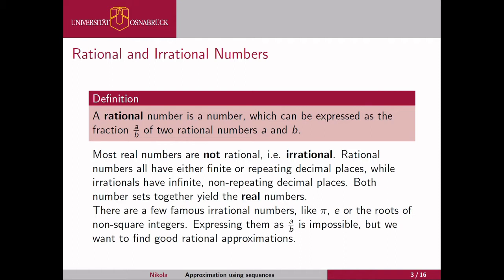Whereas for a rational number, you either get finite decimal places, so, for example, a quarter would be 0.25, or you get repeating decimal places. So, for example, 2/3 is 0.6666, and this repeats on forever. Whereas with irrational numbers, those are non-repeating.